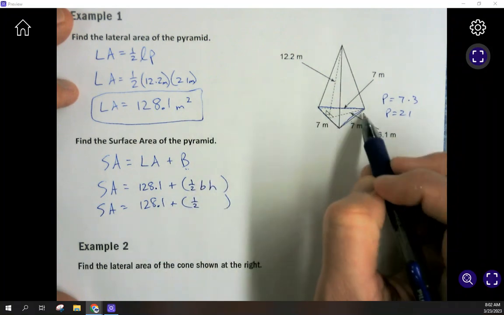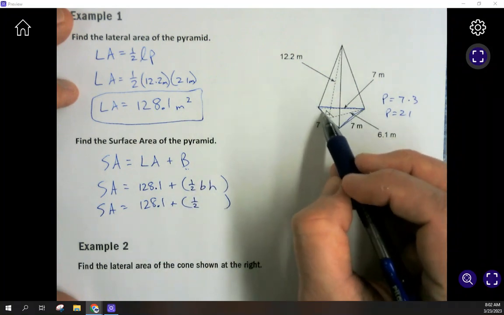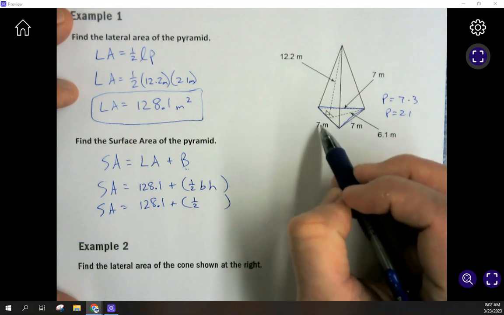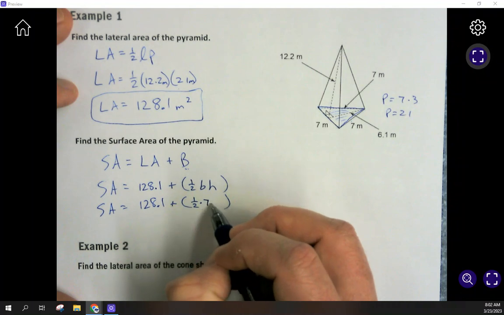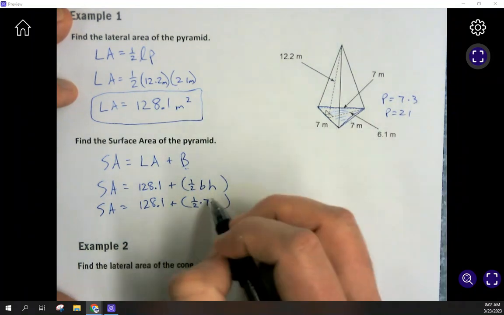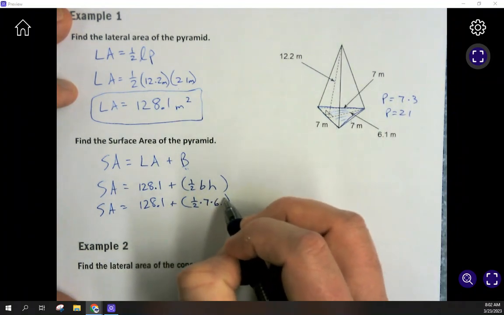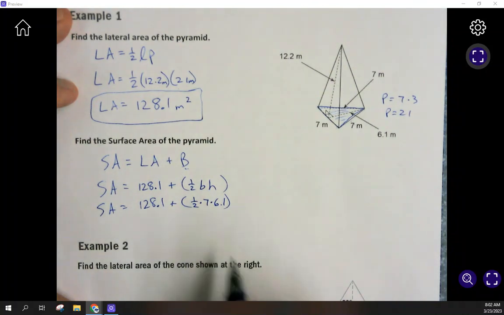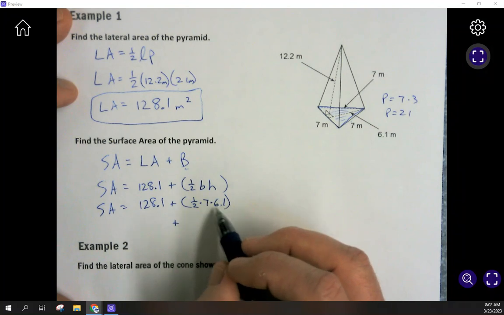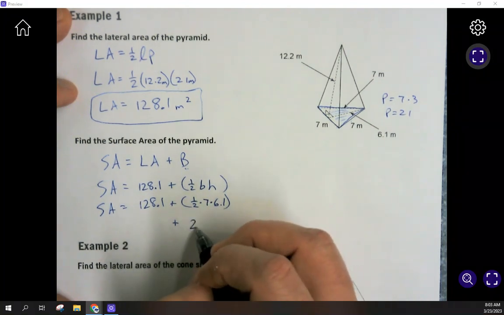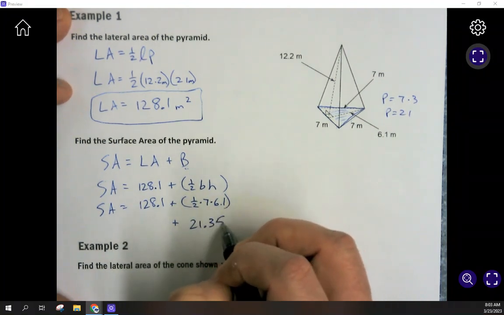We talked about that 6.1 already. That's going to be the height. It's hitting this base, so the base of this triangle is 7. And the height is 6.1. When we multiply that out, 7 times 6.1, take half, that comes out to 21.35.